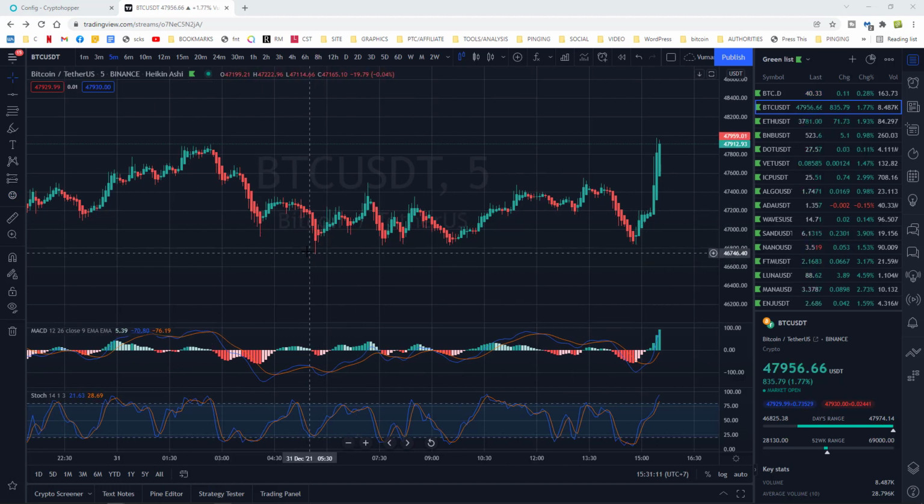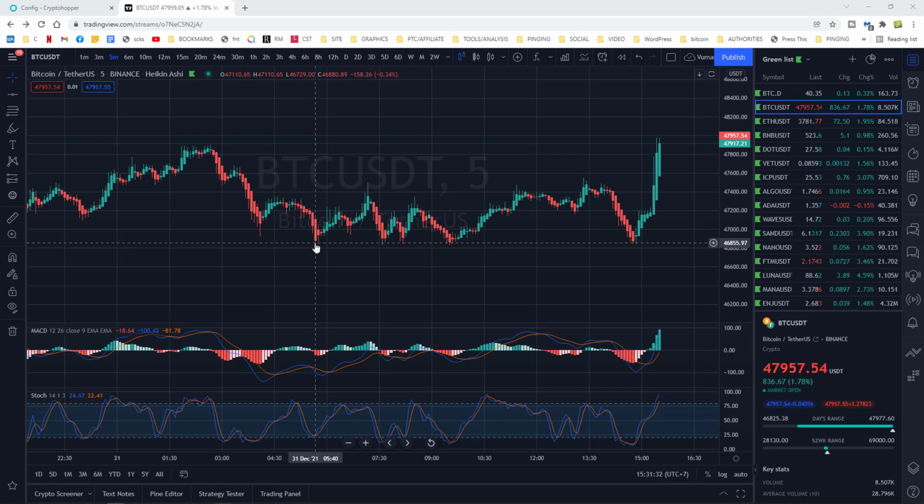Let's say the bot bought here, and it comes straight up almost immediately after buying, which is rare actually. Sometimes it does dip a bit just after you bought. Don't worry about that, it happens most of the time.